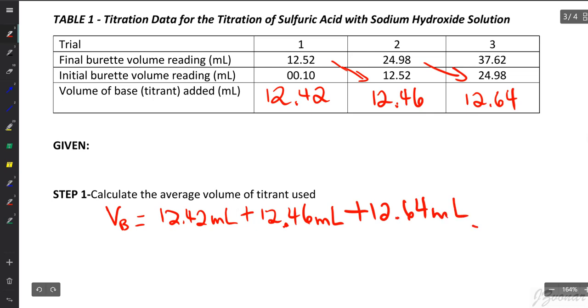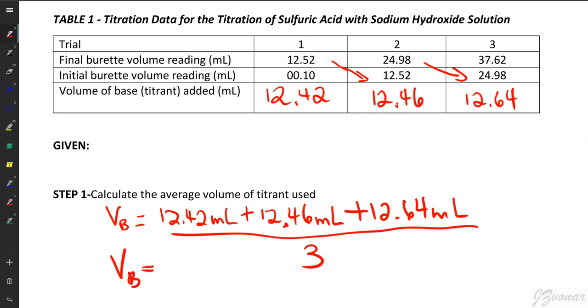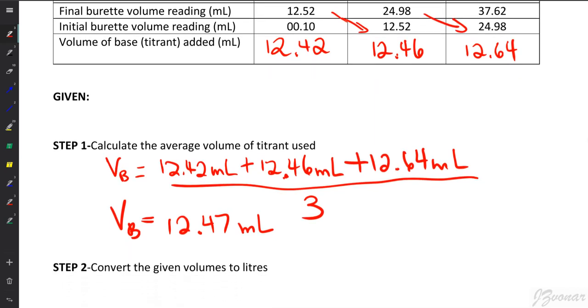We're going to take those numbers and divide by 3. That is going to give us the volume of base used, which is 12.47 milliliters. Well, let's keep a couple extra. Keeping one extra decimal place, and we'll round off in the end, it's 12.467 milliliters.